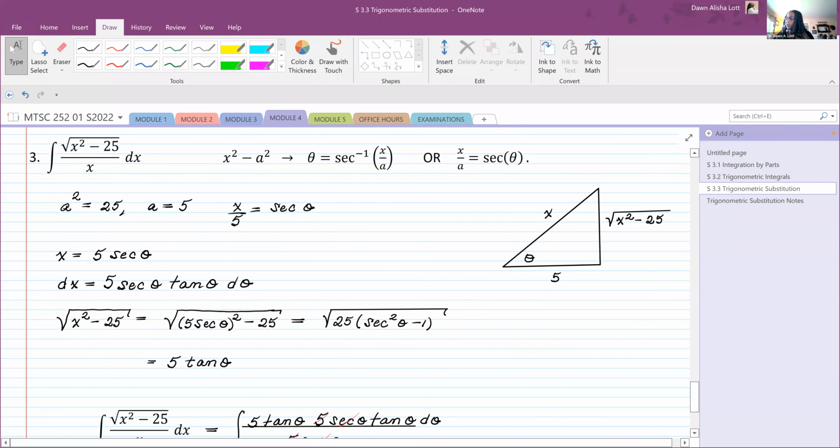The tangent of theta is opposite over adjacent, so I can handle that. And theta is the secant inverse of x over 5, so I can handle that too.